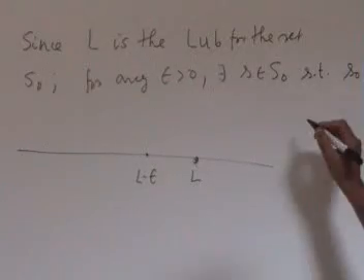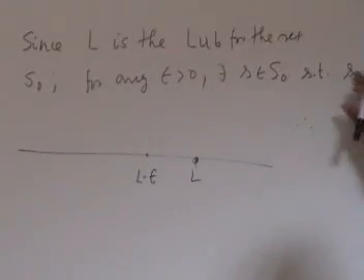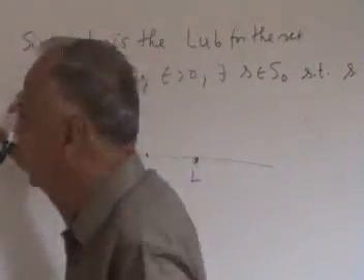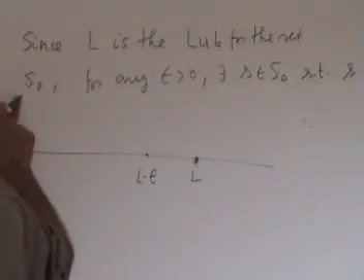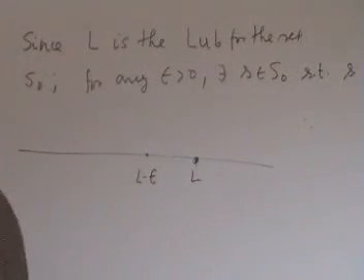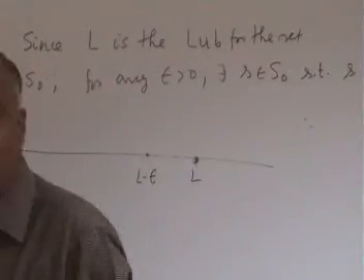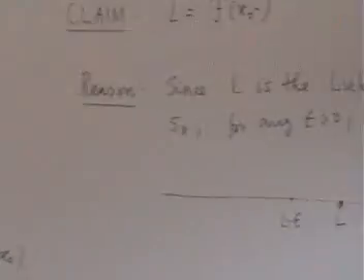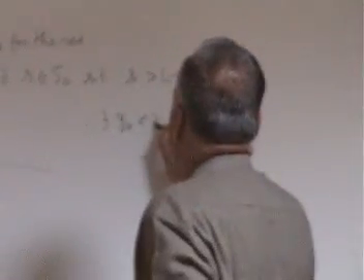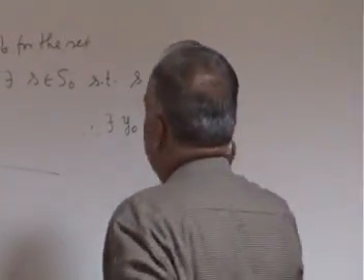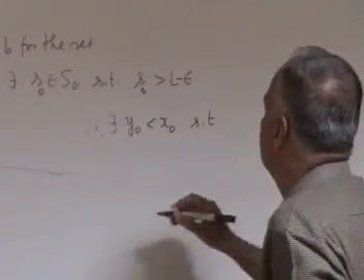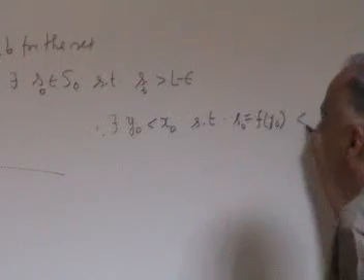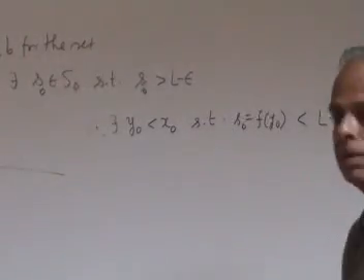What is meant by there exists an s? The s's come from S naught, so it must be of the form f of y for some y. Therefore, there exists a y naught less than x naught such that s equal to f(y naught) is greater than L minus epsilon.